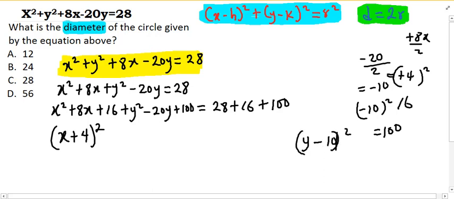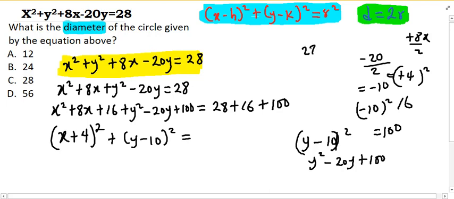Minus 10 all squared, so y squared minus 20y, and it's making sense. So if we factor, we're going to have plus (y minus 10) all squared equal to, let's add all these numbers together.